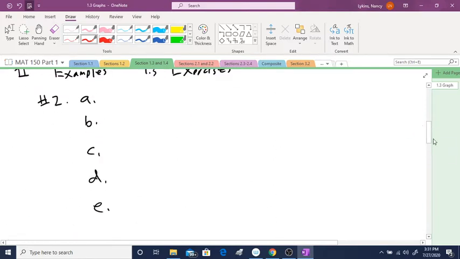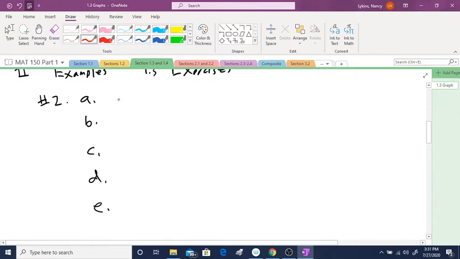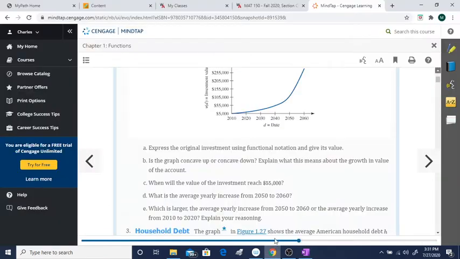So I want you all to think about this. Okay, where does it start at? Well, in this case, let's take a look at it. For functional notation, the year is going to be 2010. And what value do we start with? $5,000. Okay. Now, what's it doing? Well, if you go back to your book real quick right here, look at it.